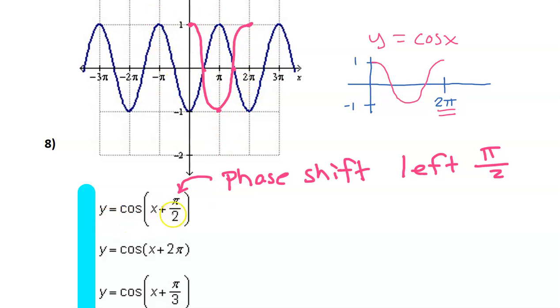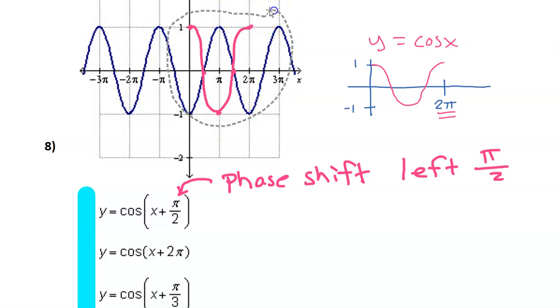So this equation is just like the parent function, except it has this phase shift left pi over 2. Each one of these squares has a width of pi. So if I go left pi over 2, that's left half a square. Imagine that I just take this picture and move it left half a square.